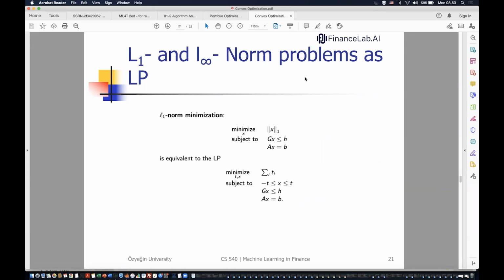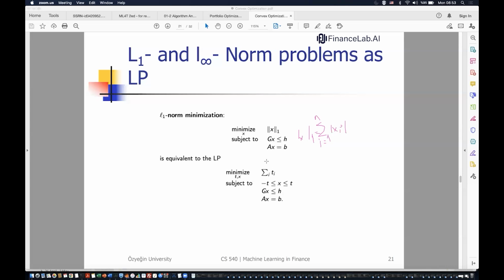So for L1 minimization, again, it's basically the sum of the absolute values. So the L1 norm of x is equal to the summation of the absolute values of xi, from 1 to n. And this problem can also be converted into an LP.